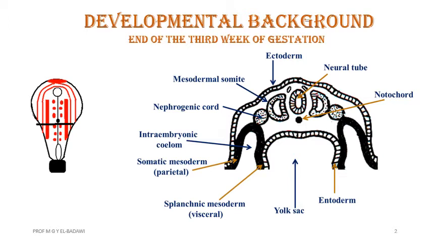Here is the ectoderm, the outer layer, and this is the endoderm, and that is the neural tube and the notochord in the middle line.